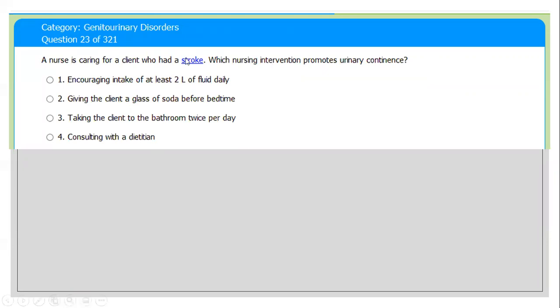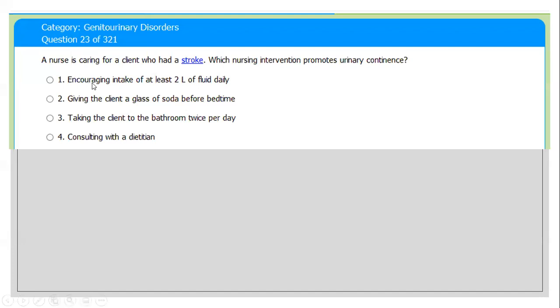What is a stroke? A stroke occurs when the supply of blood to the brain is reduced or blocked, which prevents the brain tissue from getting oxygen and nutrition, and brain damage occurs.